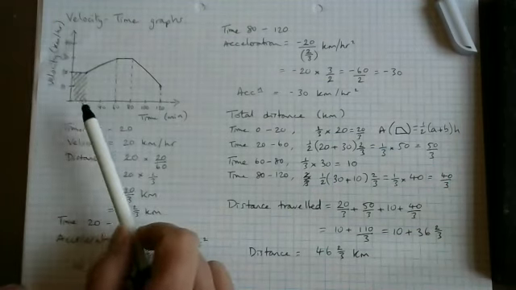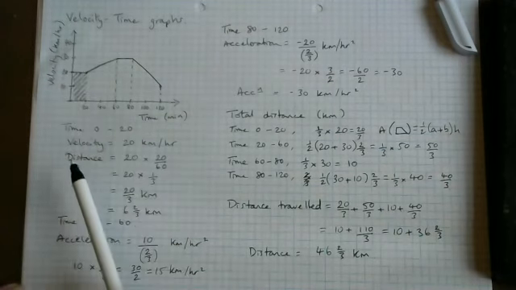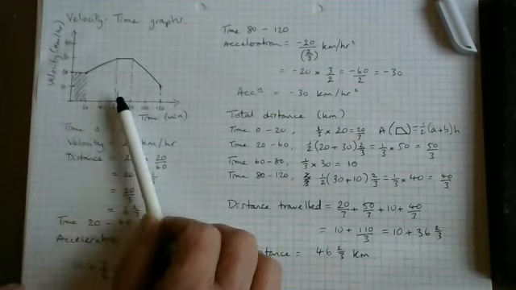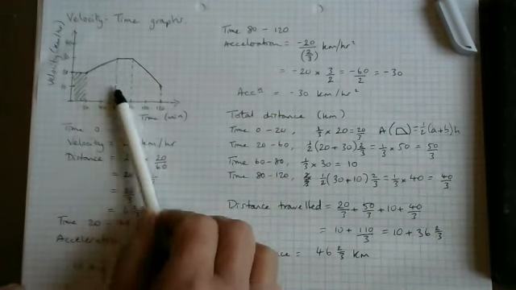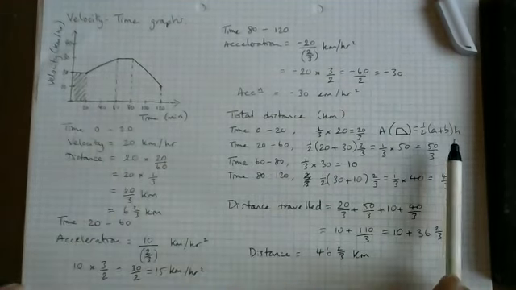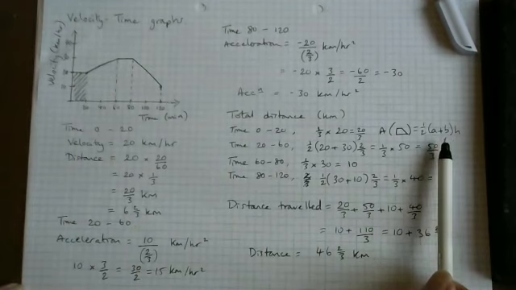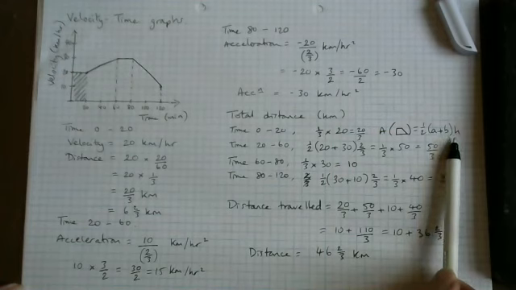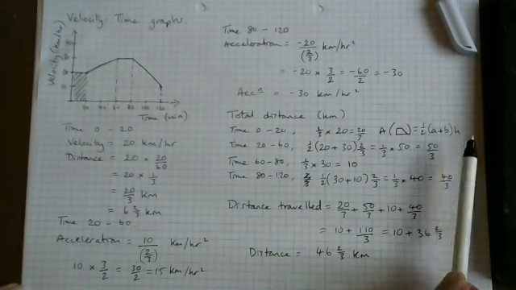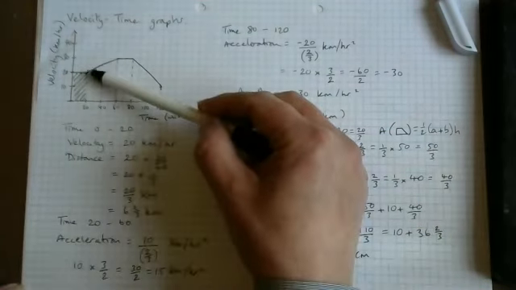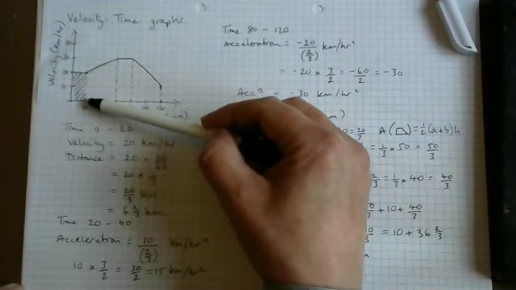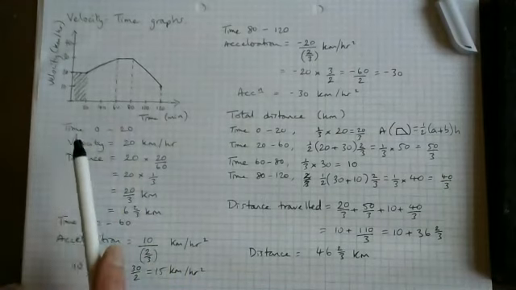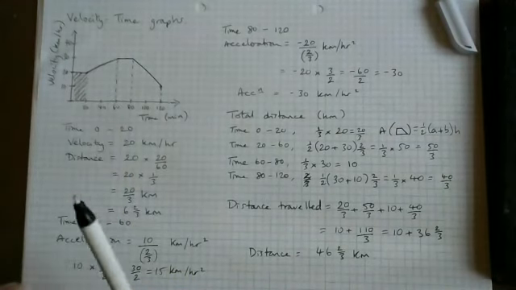The distance travelled is the area underneath the graph. So the distance travelled can be broken down into rectangles and trapezia. Remember the formula for a trapezium is half, open bracket, a plus b, close bracket, times h. And for these trapezia, that's the base or the top, that's the base or the top, and that is the height.